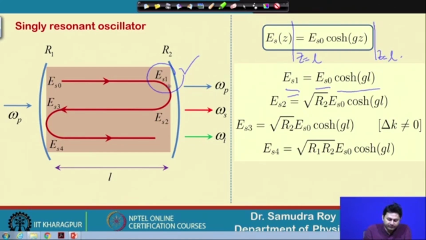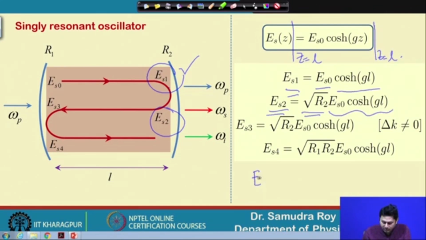Now, for this field, I have a reflection at that point. When we have a reflection, we have Es2. So Es2 can be represented in terms of the reflectivity of the mirror.